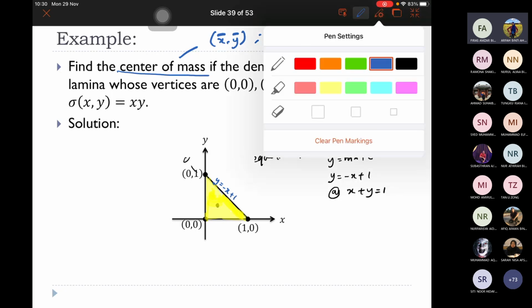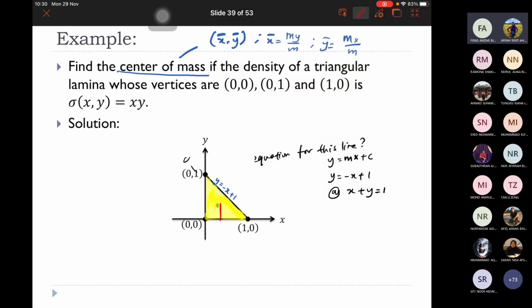So kita boleh gerakkan dia daripada bawah ke atas, kiri ke kanan. Atau boleh juga gerakkan dia daripada kiri ke kanan and then bawah ke atas. So sama je. Okay.